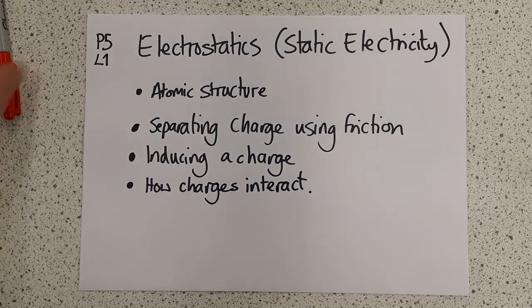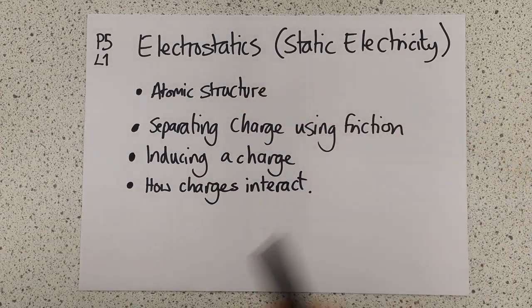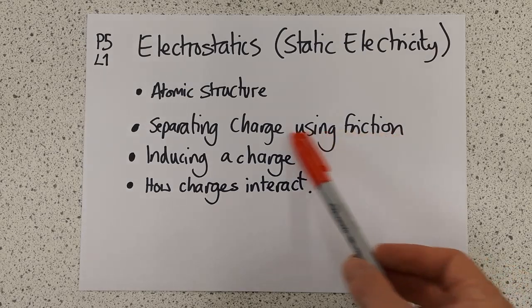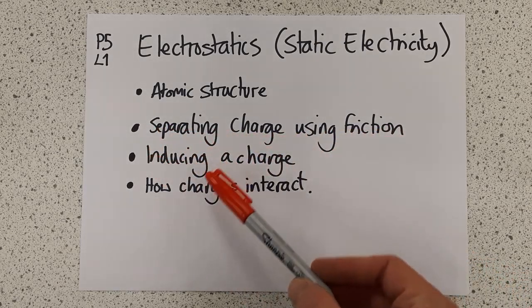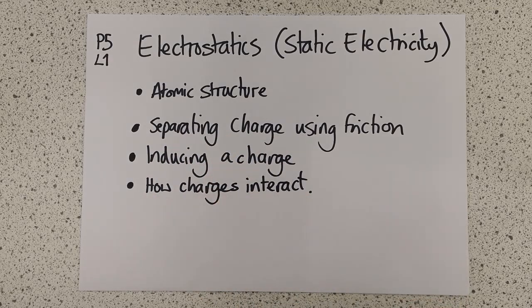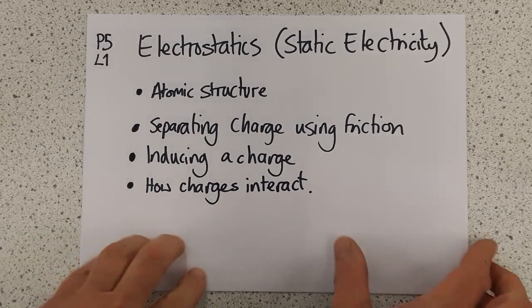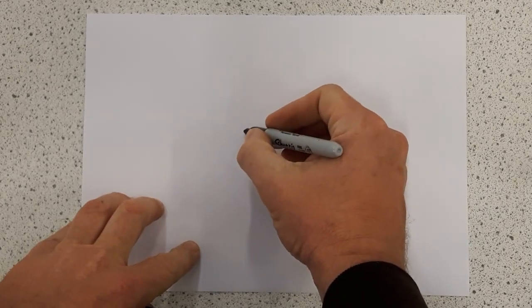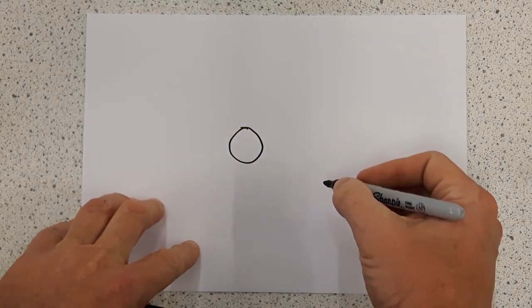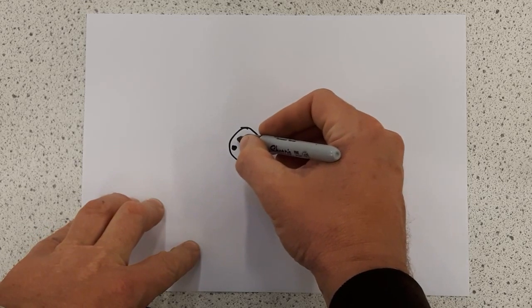So we aim to cover in this video the structure of the atom, how we separate the charge using friction, what we mean by inducing a charge, and how these charges interact with each other. So you may already be familiar with the structure of an atom, but in our model that we use at GCSE, we imagine the atom to be a nucleus containing protons and neutrons.